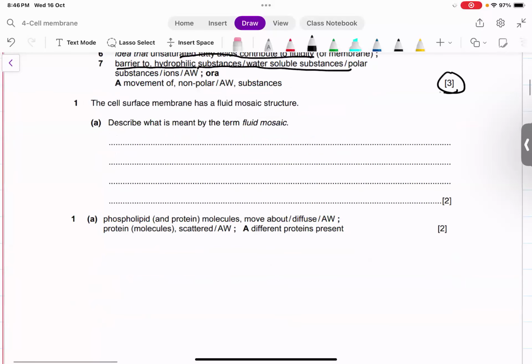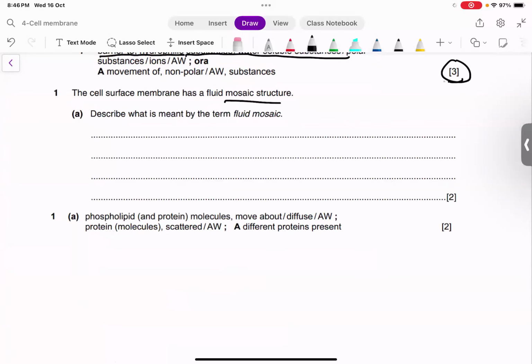Then we have the cell surface membrane has a fluid mosaic model. Okay, so describe what is meant by the term fluid mosaic. So this is for 2 marks. As we discussed that fluid is, why it is fluid?